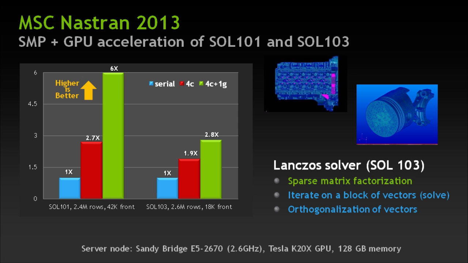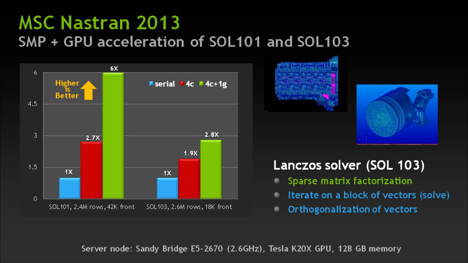Now, the other set of lines corresponds to solution 103. There, if you look at the speedup from a single GPU acceleration, it's not as much as what you see with the solution 101 analysis. The reason for this is, if you're looking at a modal analysis like a Lanczos solver, there are multiple compute-intensive pieces as part of this Lanczos algorithm. The sparse matrix factorization that is performed on the GPU is one of the 3 main compute-intensive parts.